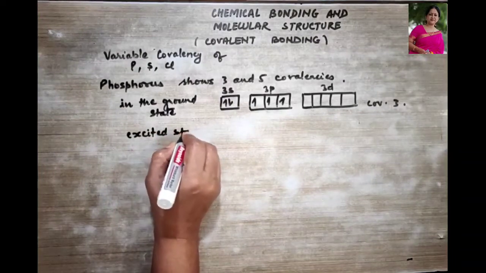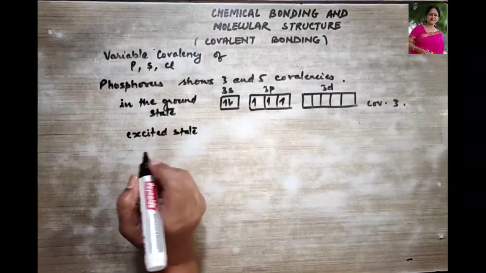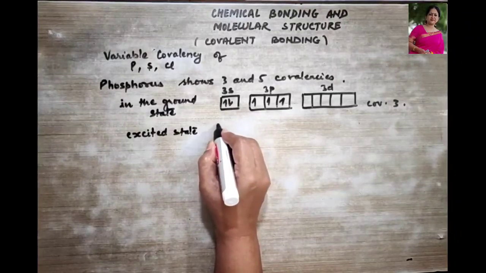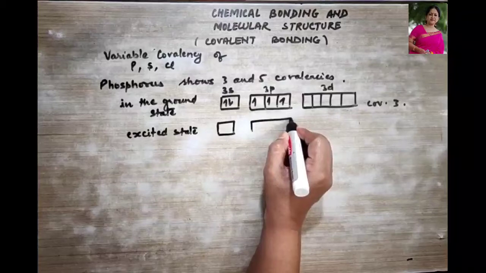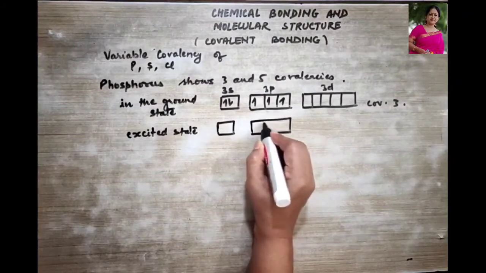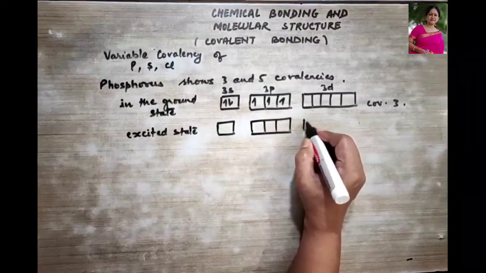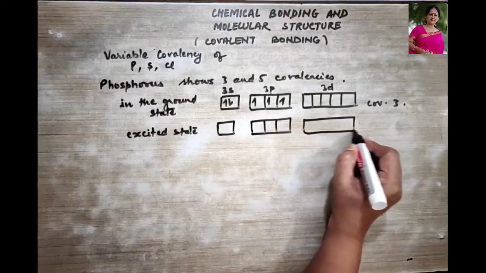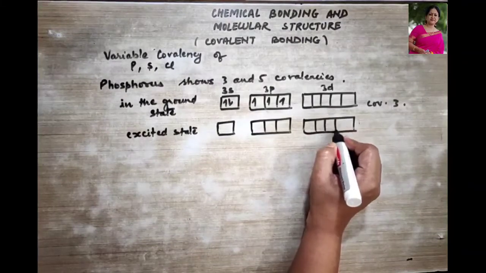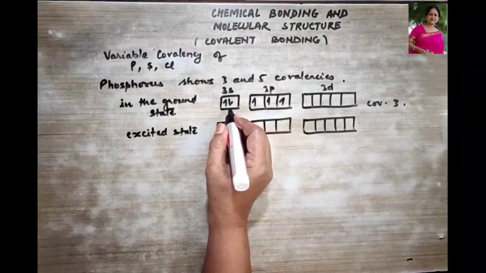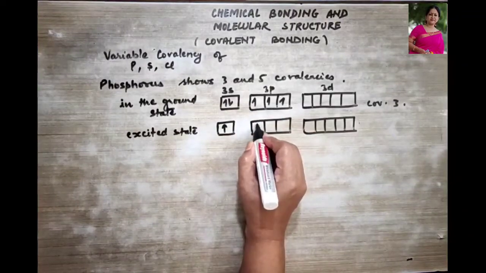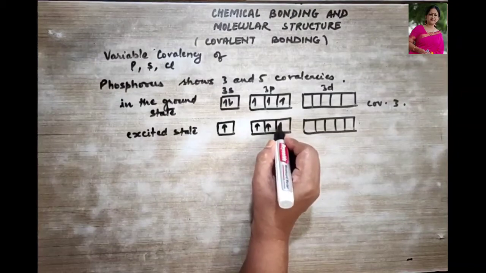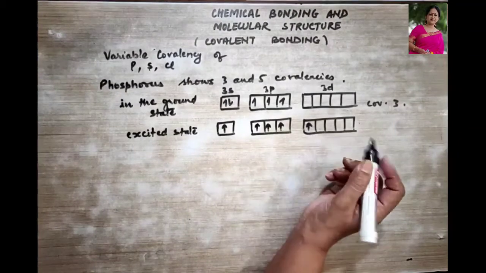Excited state of the phosphorus. So in the excited state, what will happen? One of the paired electrons has to be filled up in the vacant orbitals, right? So over here it is paired. So 1, this is 2, 3, 4 and 5.